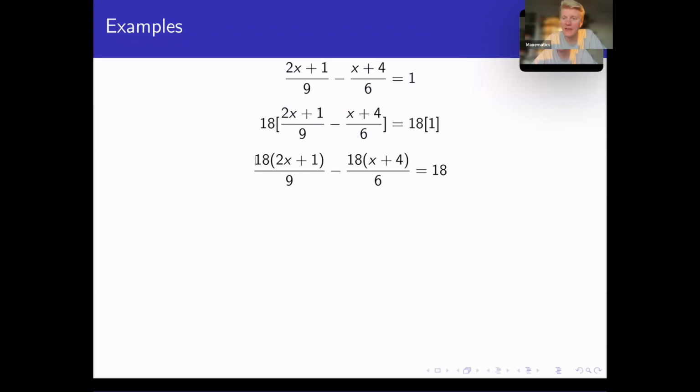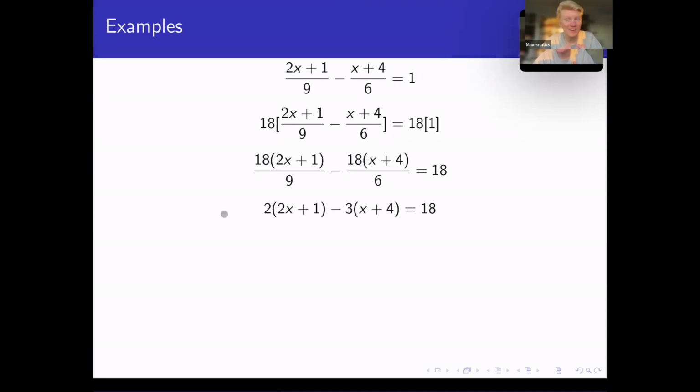But notice now, we have 18 times something divided by 9. 18 times something divided by 6. Well, we learned in one of the very first few sections that we can simplify 18 over 9, and we can simplify 18 over 6. 18 over 9 is 2. 18 over 6 is 3.